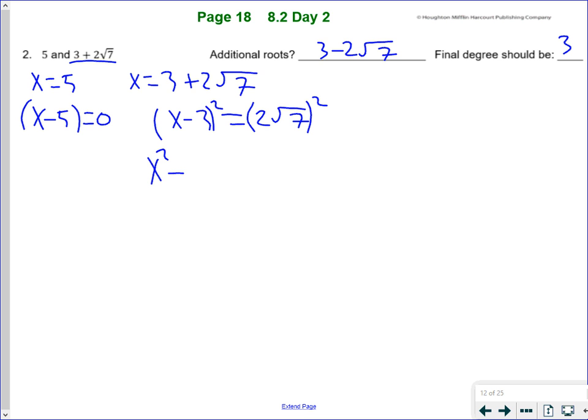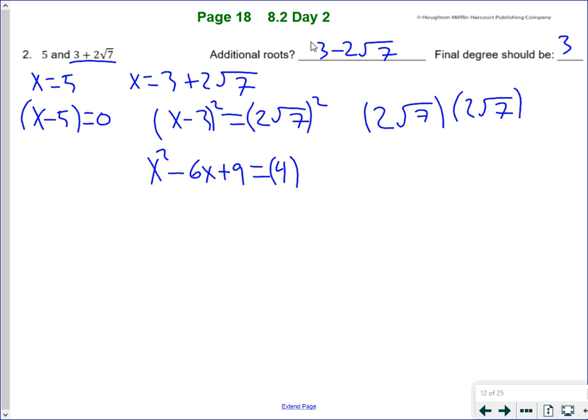So we get x squared minus 6x plus 9, and that equals 2 root 7 all squared, becomes 2 root 7 times 2 root 7. So you multiply the coefficients first. So 2 times 2 is 4, and root 7 times root 7 is just 7. Or I get x squared minus 6x plus 9 equals 28.